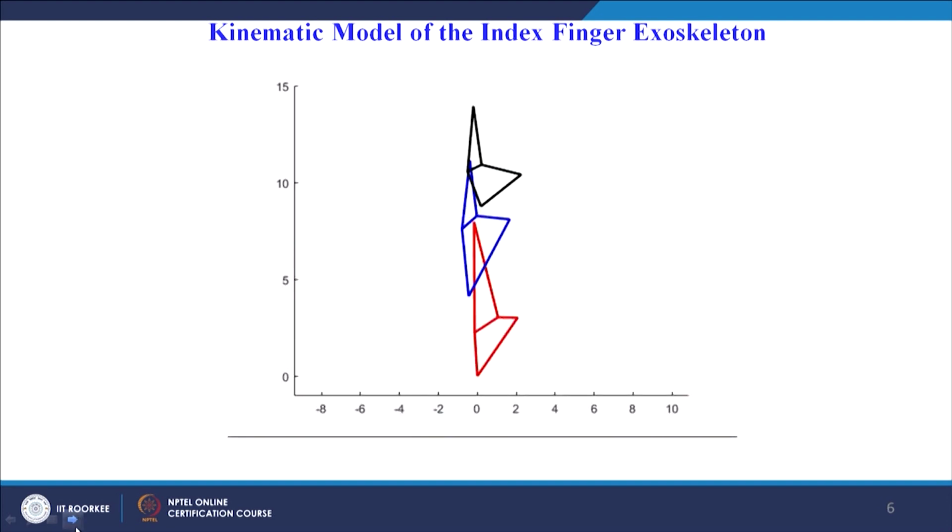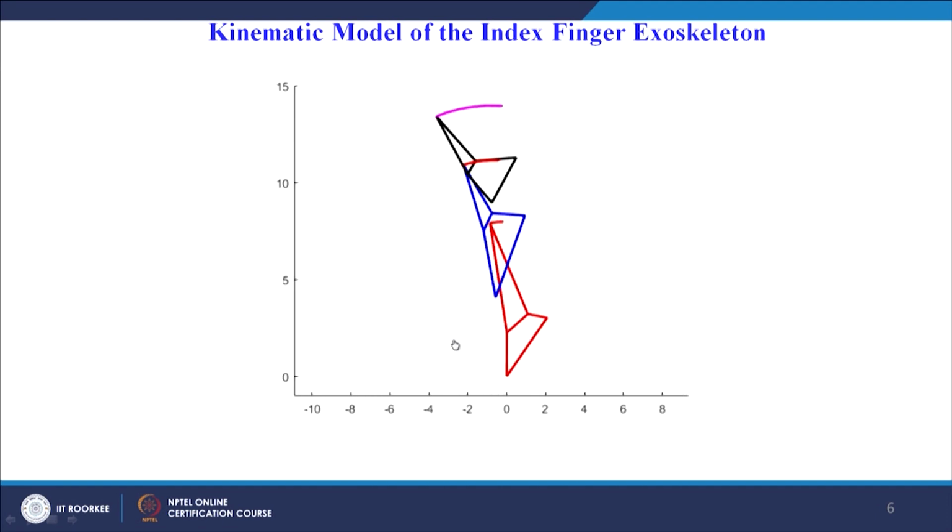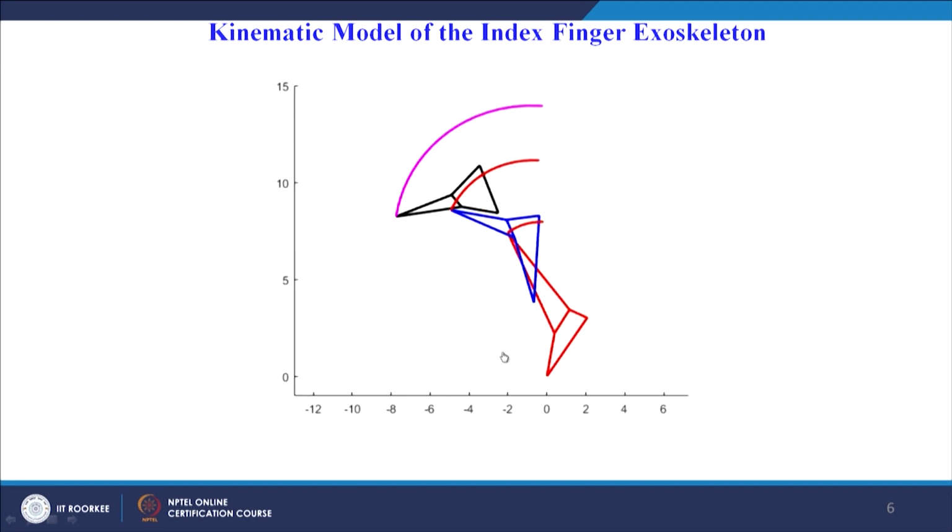The kinematic modeling has been simulated so that the serial attachment, by the forward kinematic equation, provides the movement such that this type of simulated trajectory is possible. As you can see, the magenta line shows the trajectory of the end effector, the red line shows the trajectory of the middle phalanx 4 bar, and the second red line shows the trajectory of the proximal phalanx part of the exoskeleton.